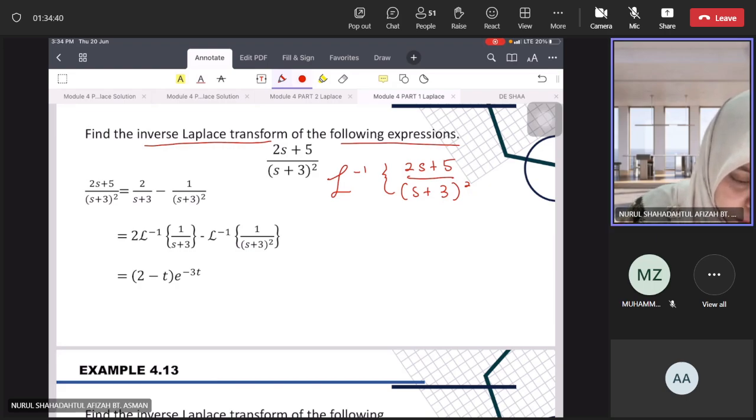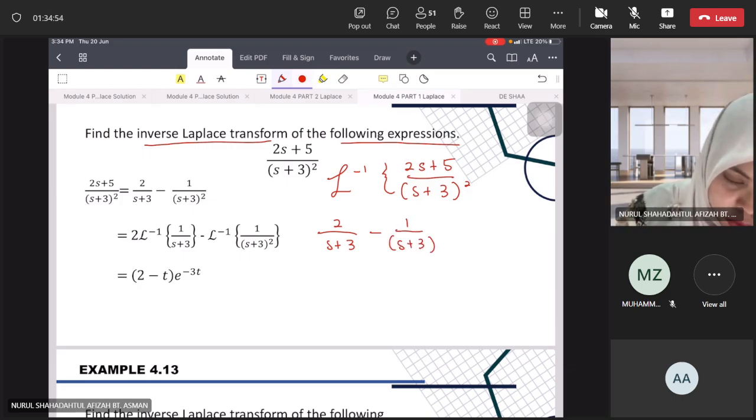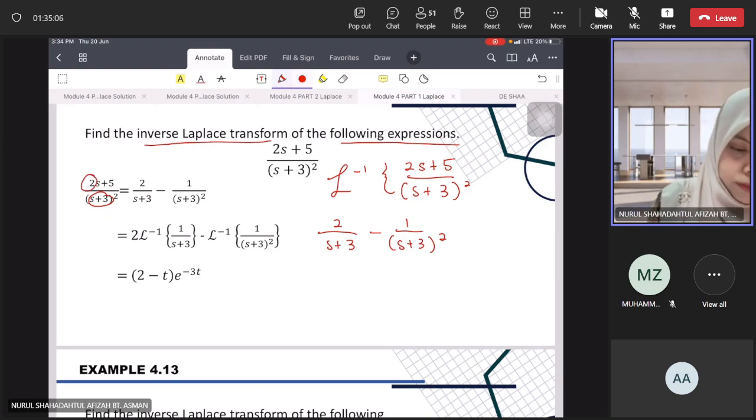Yeah, I try to separate it first: 2 over (s plus 3) minus 1 over (s plus 3) cubed. Because of this, s plus 3, and I bring the 2 to the front.